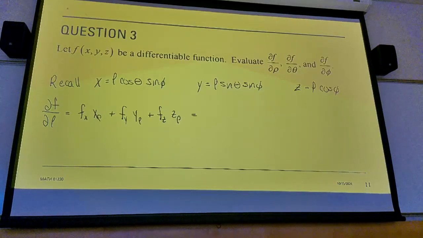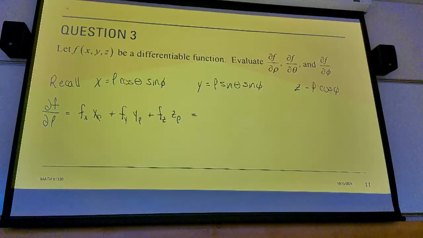What is the partial of f with respect to x? It's a trick question.